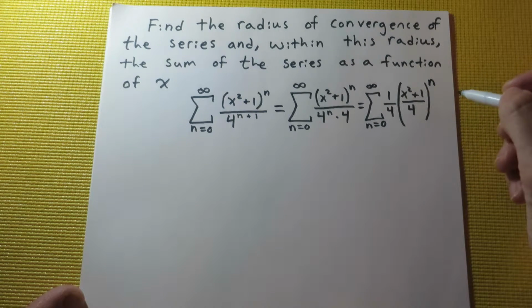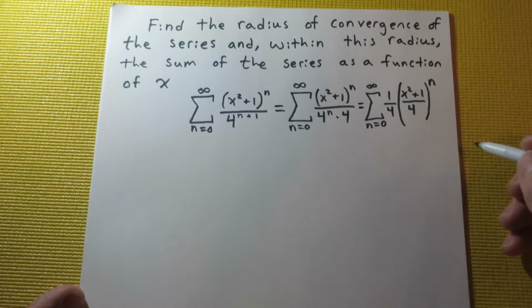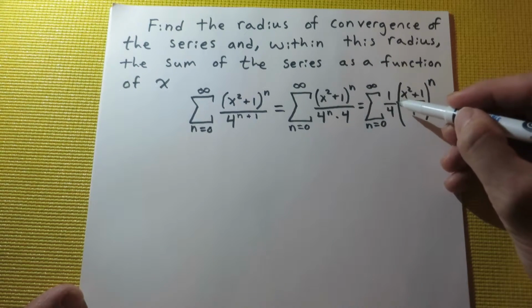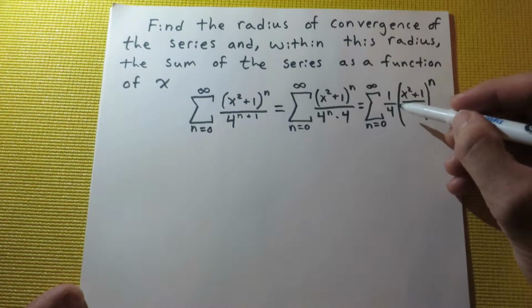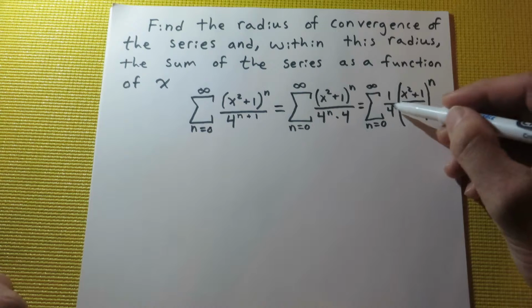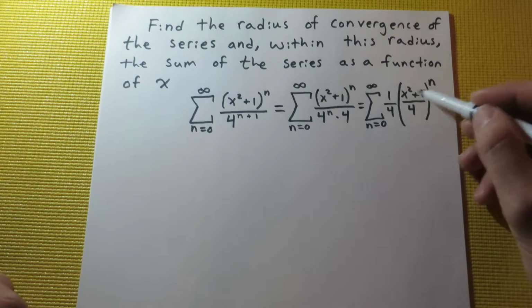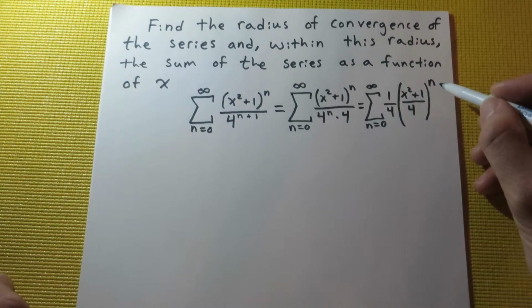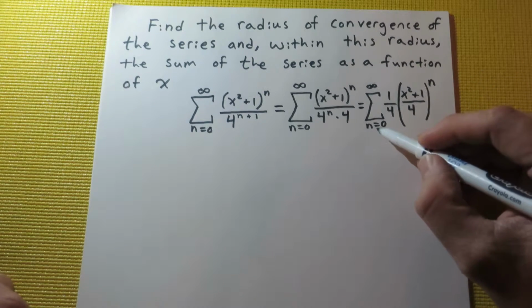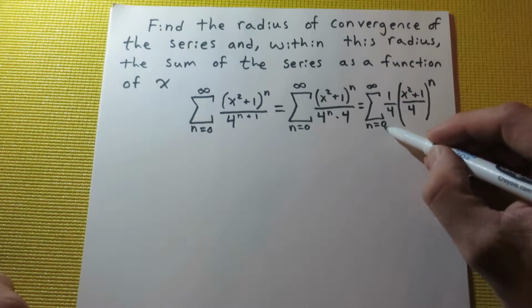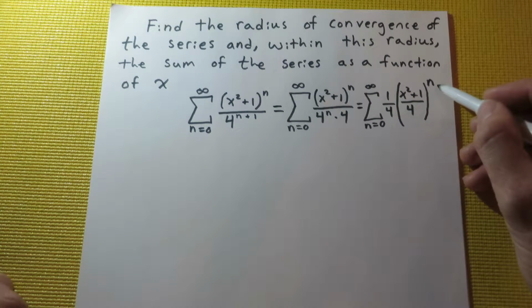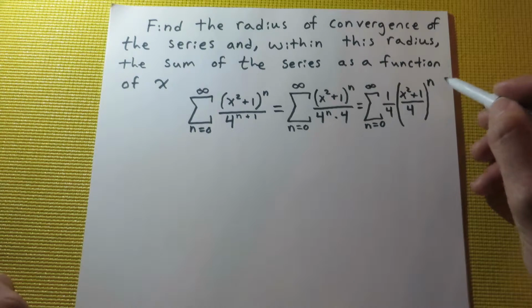So what we have now is a geometric series. This 1 over 4 is what we would consider our a term, and the x squared plus 1 over 4 is our common ratio. Because we are starting at n equals 0, we only need our common ratio raised to the nth power.